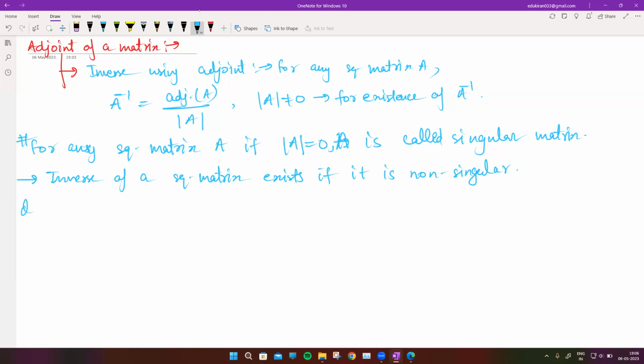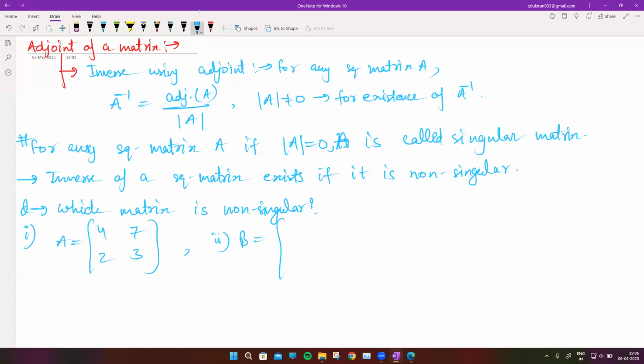So first you check this out for me. Check all these, whether they are singular or non-singular.